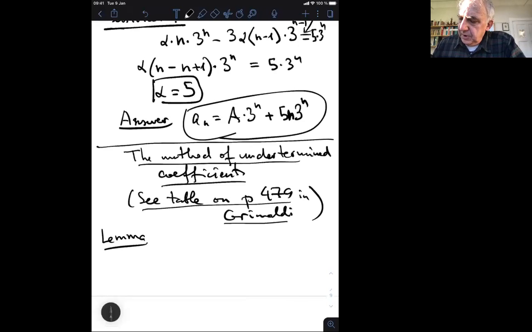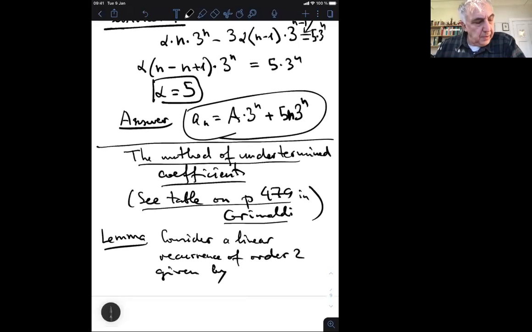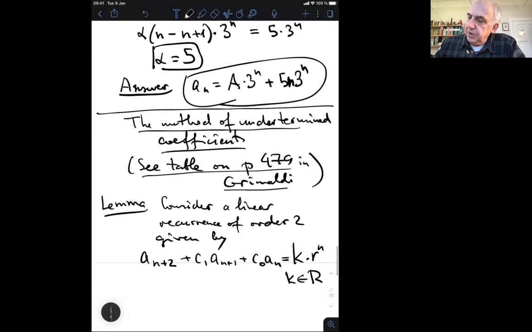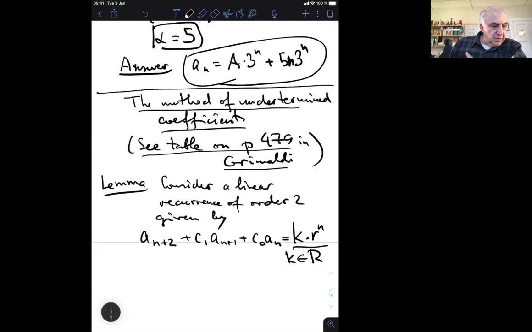Yeah, so consider a linear recurrence of order 2 given by, say, a_{n+2} plus some constant c1 a_{n+1} plus c0 a_n equals some constant k times r power n. k is some real number, so we have a geometric progression in the right-hand side with the denominator r.